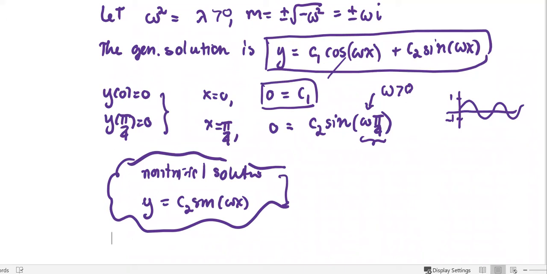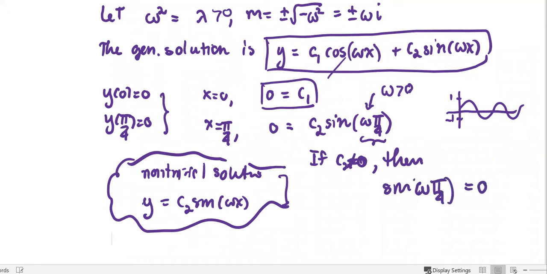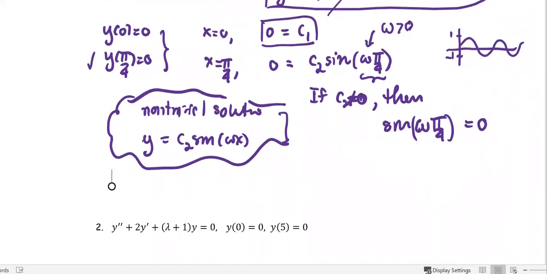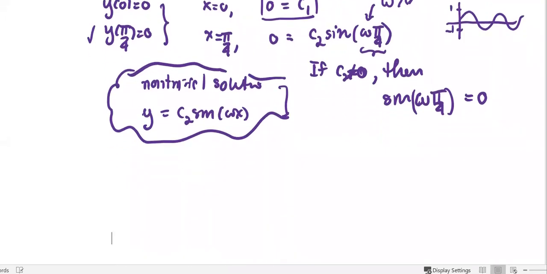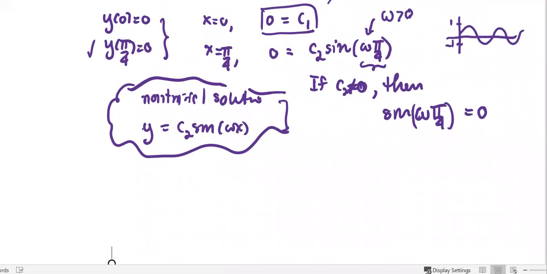So we're going to make the case that if C2 is not equal to 0, then psi of omega pi over 4 must be 0 to satisfy this boundary condition. That means we're going to find out what omega makes psi of omega pi over 4 equal to 0.